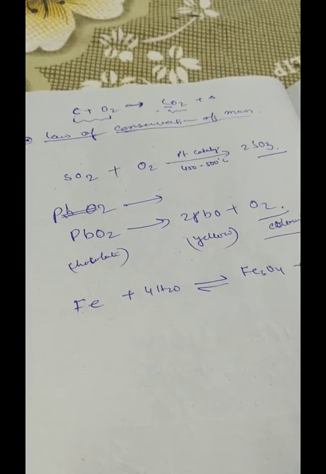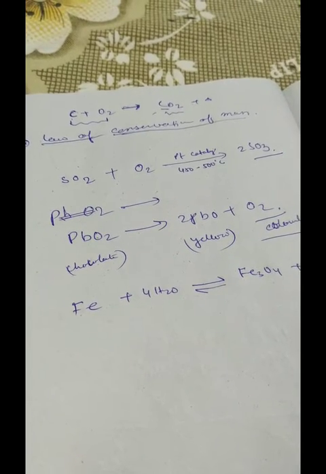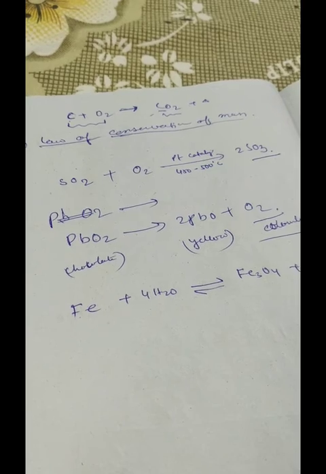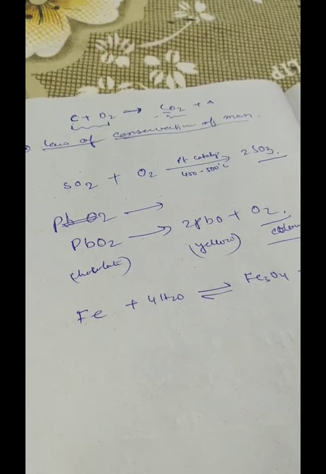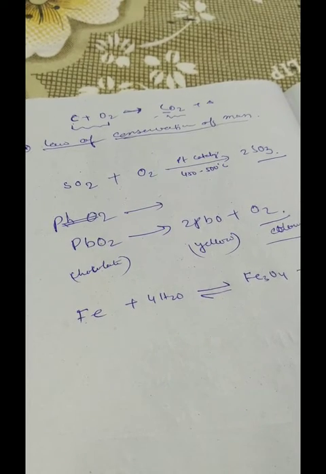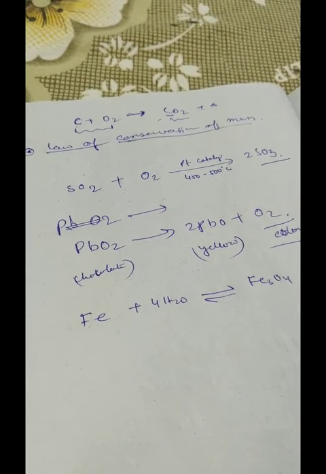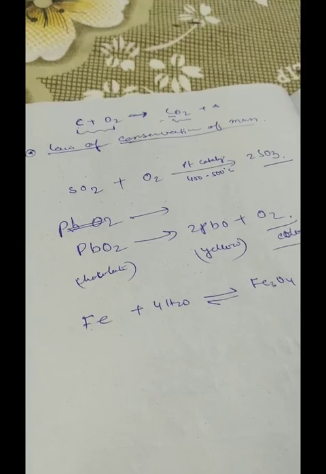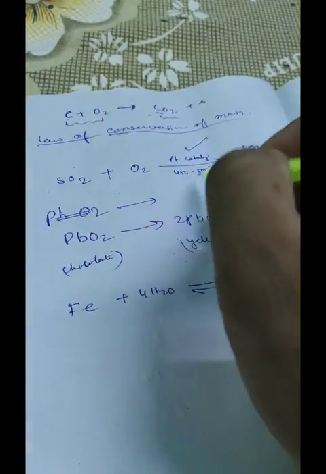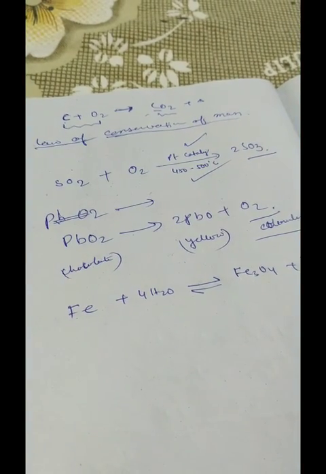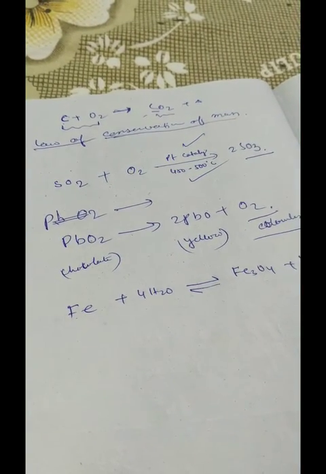An equation does not give any information regarding the absorption or evolution of heat. An equation does not give any information about the color change. An equation does not show the conditions of temperature, pressure, and catalyst under which the reactions may take place. This is overcome by mentioning these conditions above and below the arrow. We have written them here above and below the arrow. An equation does not tell us about the concentration of the substance.